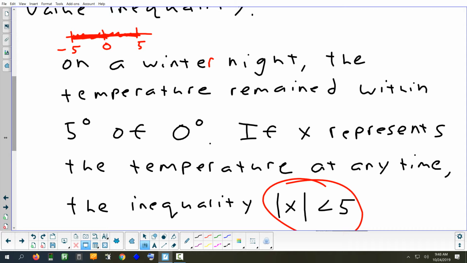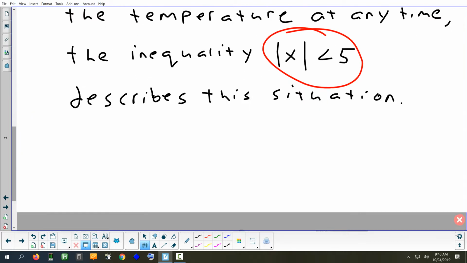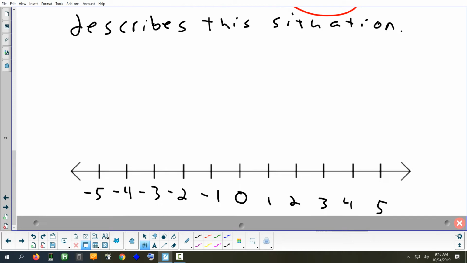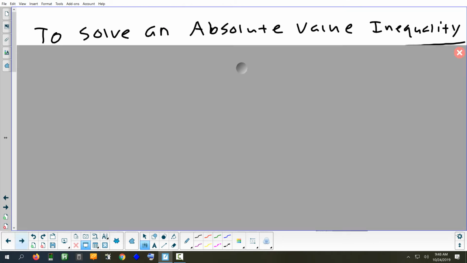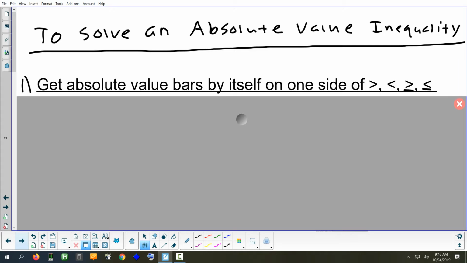All right. So we're going to look at solving these. This one already has x by itself, but it might not always. So let's look at how we solve an absolute value inequality. There are 3 steps.